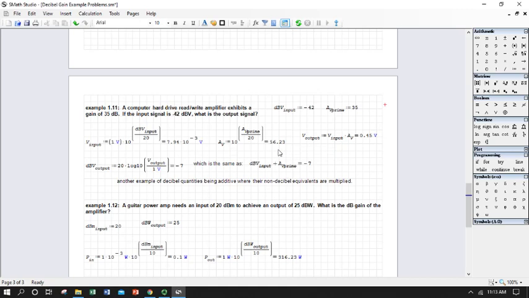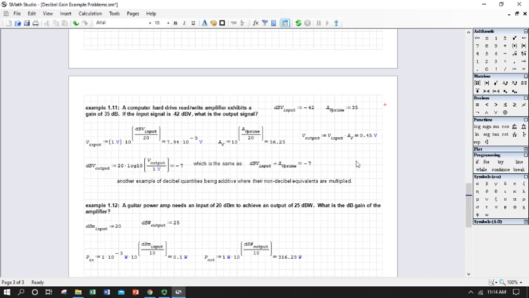I have V in, I have voltage gain, so I can get V out by just multiplying those two together. So here's my output voltage as a voltage, and I can express it as a dBV by going back into my definition for dBV. Here's my 1 volt reference, and that's a negative 7.